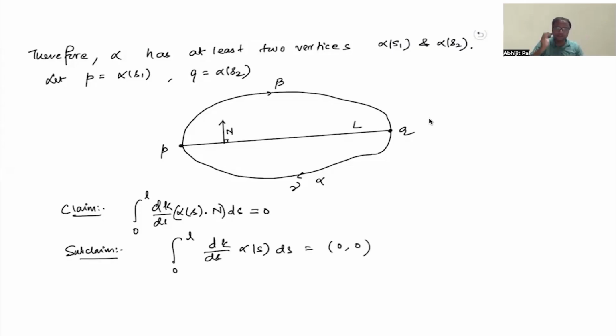Alpha(s) is a vector in R2, so this integral will be equal to (0, 0). So how to show this?